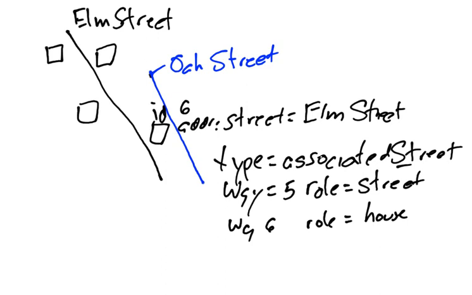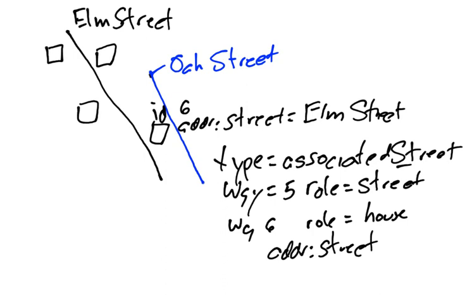If we do this, then the house and the street are associated, and so you wouldn't need the addr:street tag. That tag can go away because that relationship is already defined in our relation.